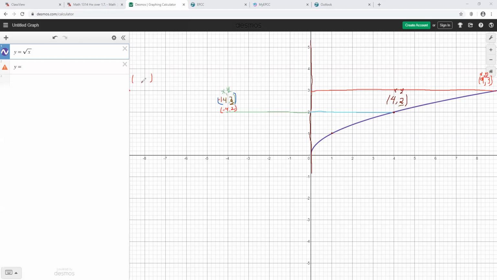So what's going to happen to that point 9, comma 3? What's not going to change? The 3. And even the 9 part is not changing. But what is changing? A times the what? Sign. -1. Yeah. So it has a multiplication of -1 on the x variable. This y is the same as over here, and this x is the same as over here, but times a -1, if that makes sense.